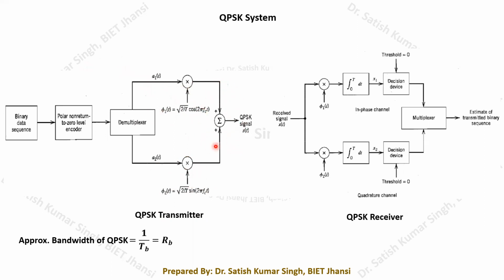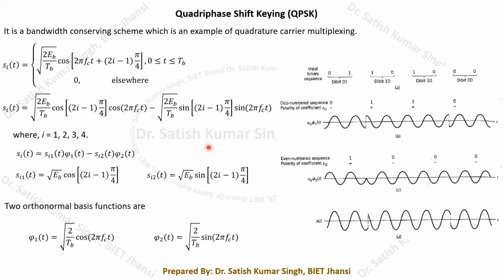As I said, corresponding to 0 it gives a 180-degree phase shift to the signal, and here it gives no phase shift. The corresponding waveforms that are generated are added, and finally the signal we get is a QPSK signal. So try to correlate this diagram with this particular waveform.